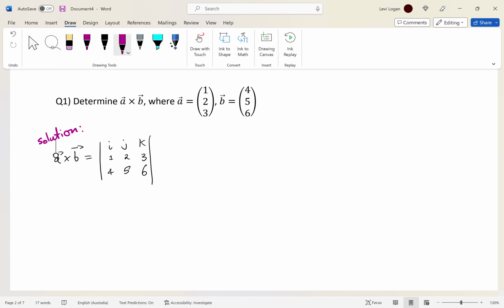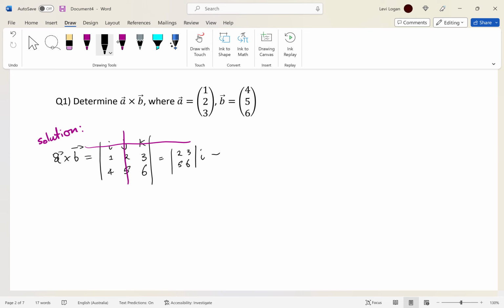Now let's move this here. And let's start looking at our matrices. So let's look at the X matrix. So across the first column and the first row. So our matrix here is going to be 2, 3, 5, 6 multiplied by I. Then we're going to cross out our Y component, and we're going to have a minus here because we're going to go plus, minus, plus when we're finding determinants of a 3 by 3.